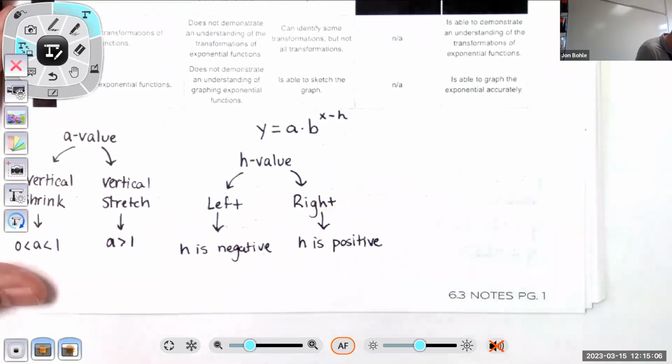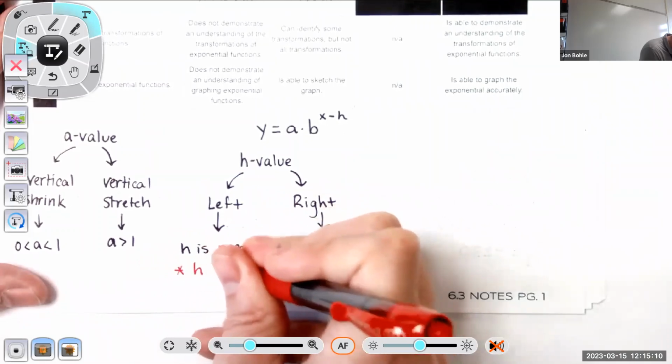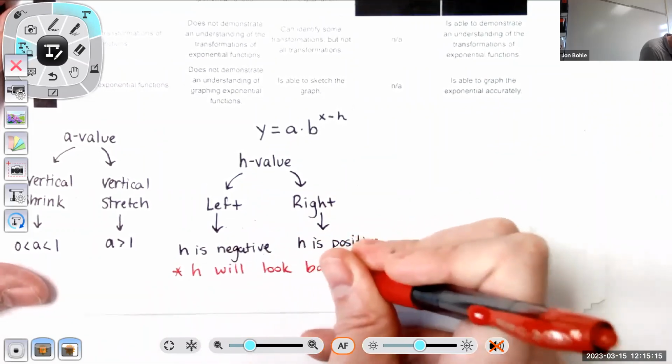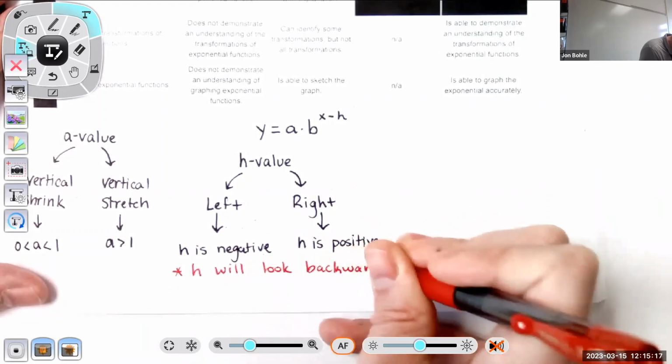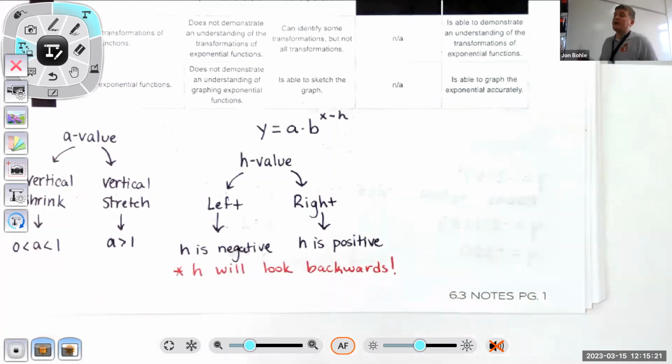Now, that being said, H is going to look backwards. When it's positive, it's going to look like it's negative. And when it's negative, it's going to look like it's positive. It's really weird, and I can explain exactly why.